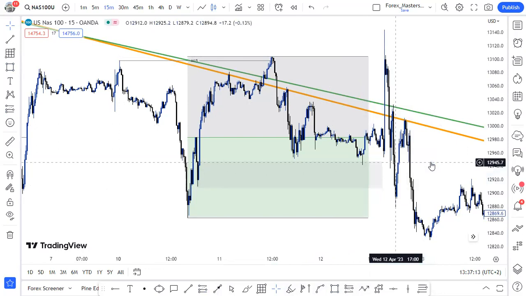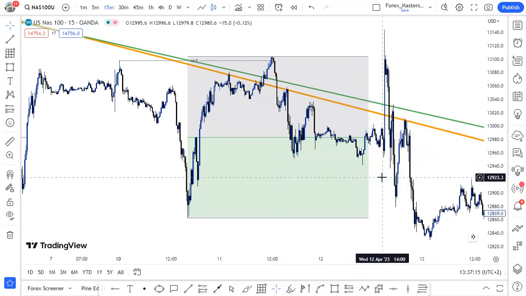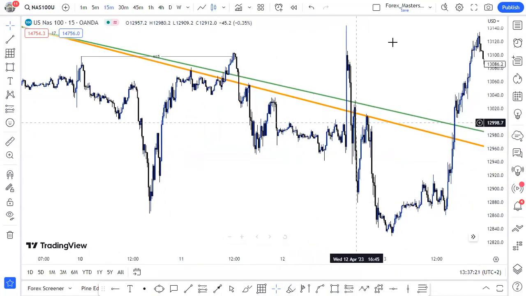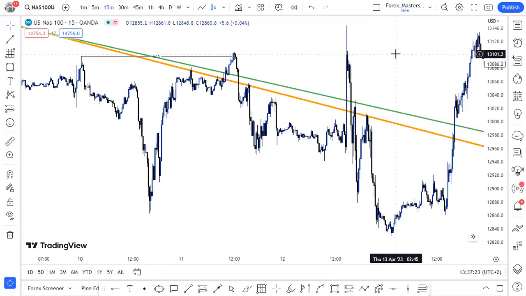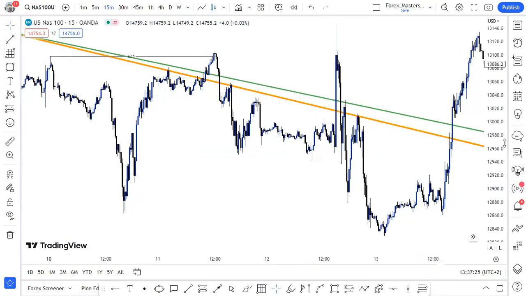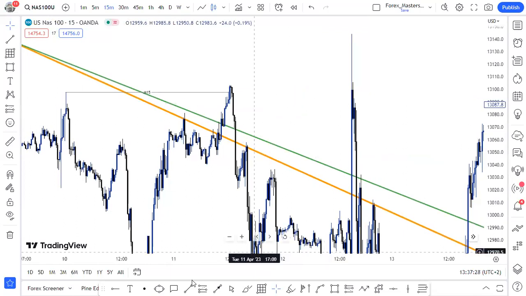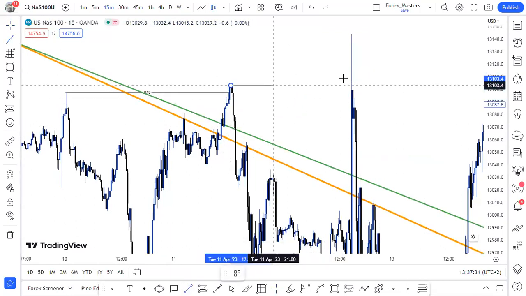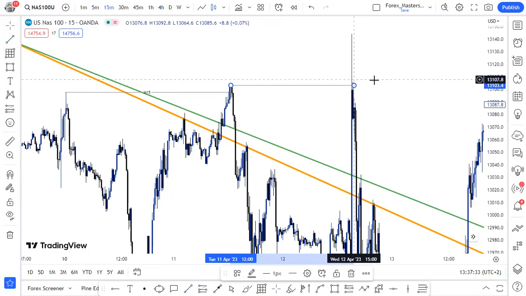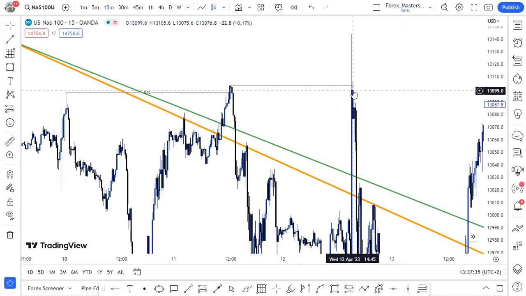So again, entries, we are going to look at them later, but for now, let's just focus on our market structure. So right here, we can see that price wicked. All right, let me show you. Here, we never had a break of structure. So I'm not going to consider this as a break of structure because this is just a wick, price closed below.